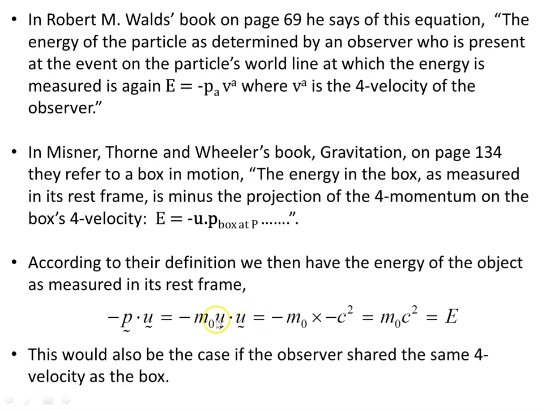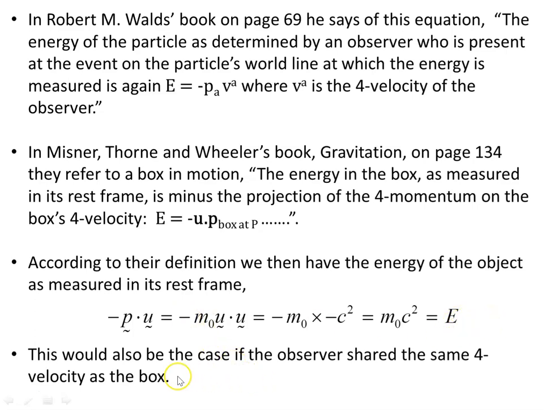And these two will, of course, be the same, hence uu. And, as we well know, u, the forward velocity dotted with itself, the scalar product, is minus c squared. I've shown that in a separate video on this channel. The minus out front here cancels with the minus c squared, and again we have a positive value for energy, m0 c squared, and that's in the rest frame of the box.